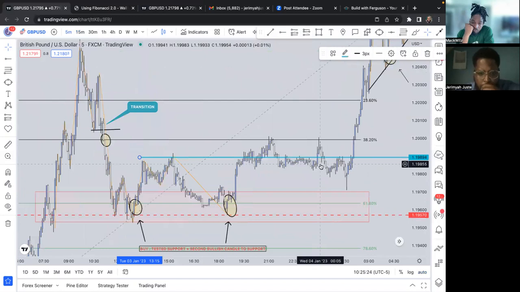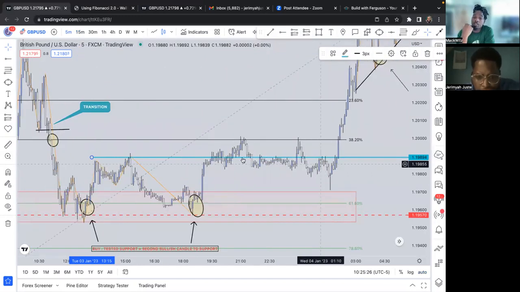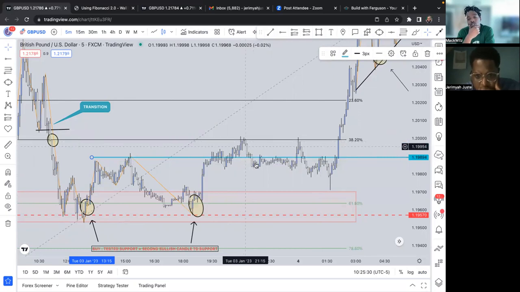On M5 you could clearly see the break. It gives you some level of support, so you could have drawn some type of M5 support line down there if you wanted to. Like right here. And seeing that it was just tested candles, respecting that level of support the whole time.